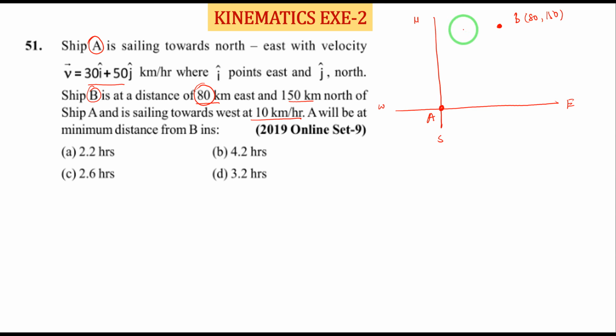Okay, and it is sailing in this direction, west में वो जा रहा है. ठीक है, velocity of B is along west 10 km per hour and A का भी velocity दे रखा है कुछ इस तरह से. What is the shortest distance between them?